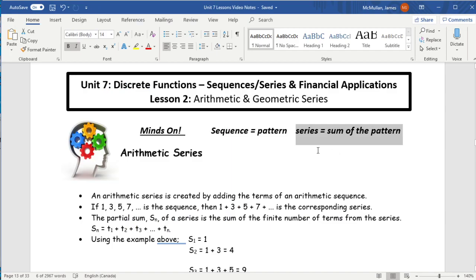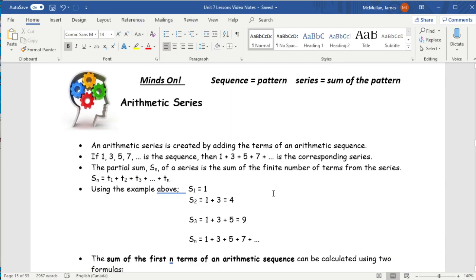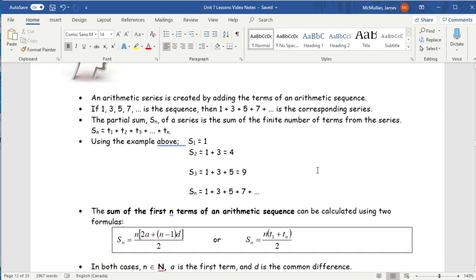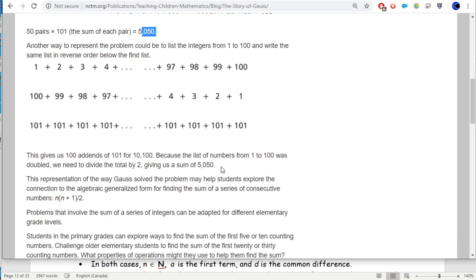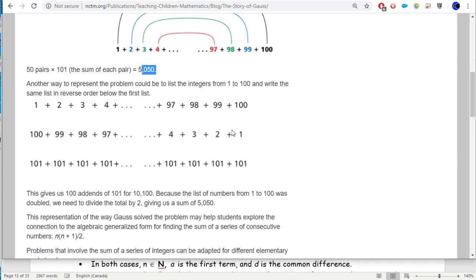Of course, I love that story just because I think it's wonderful. Anyway, the sum of the arithmetic series comes from this really nice diagram. He says, what if you added up the first term and the last term? You'd get 101. Now, what if you added up that 101 for every term in the sequence?